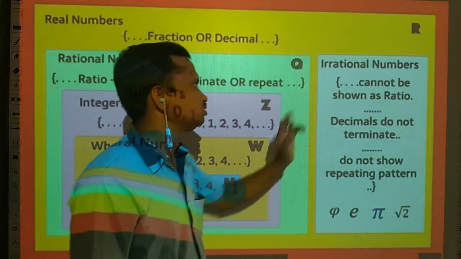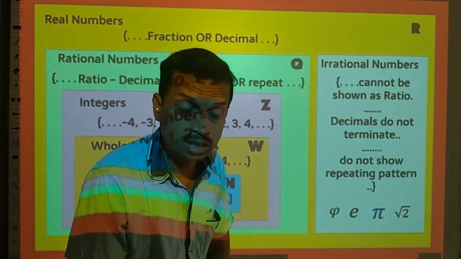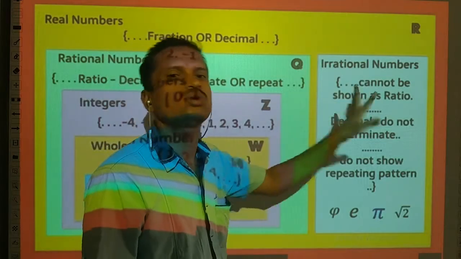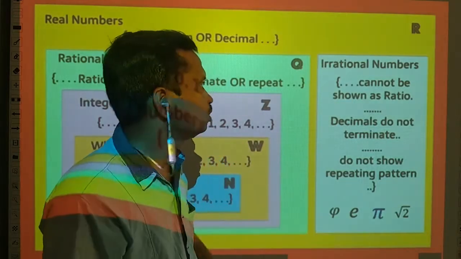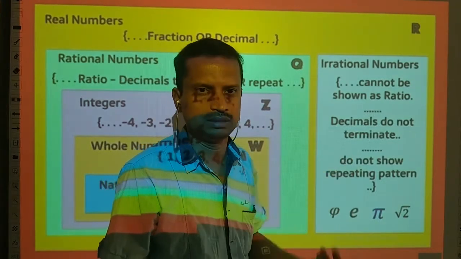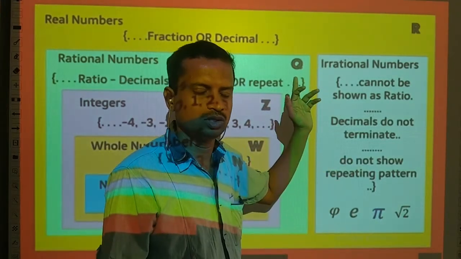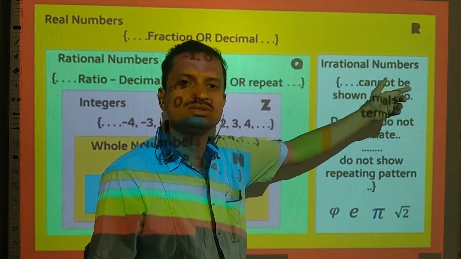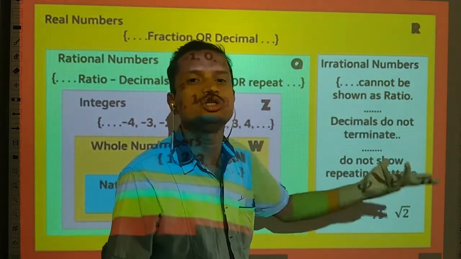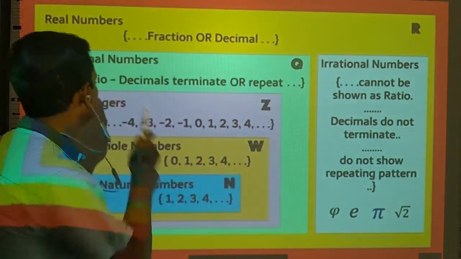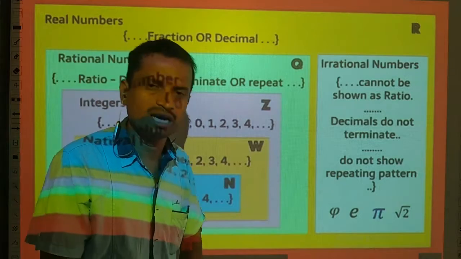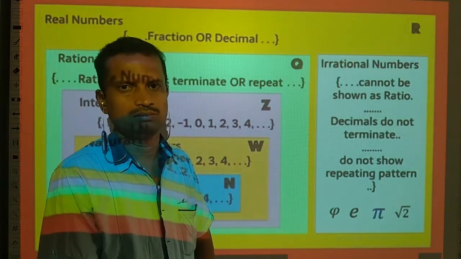And coming to the next, irrational. This is the new part. Opposite to rational is irrational. For irrational numbers, we can put the letter Q dash. Q is rational means Q dash is irrational, which cannot be shown as a ratio. Rational numbers we can show as a ratio, for example 2/3.